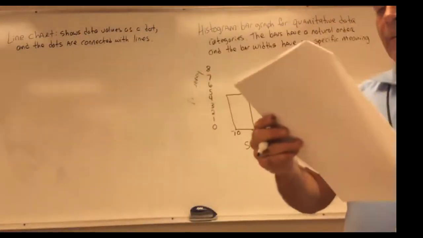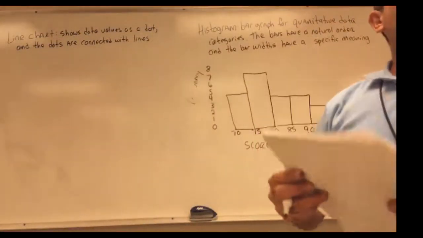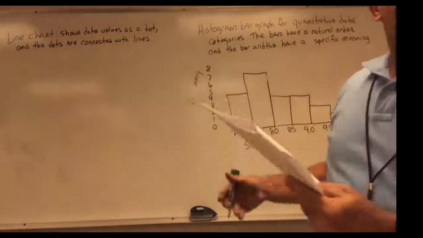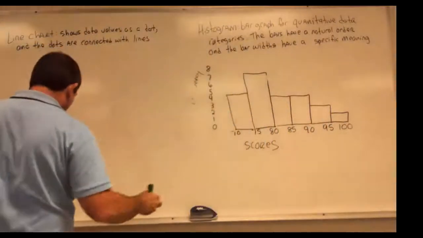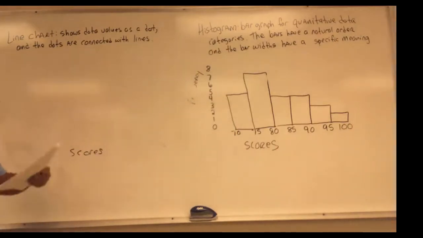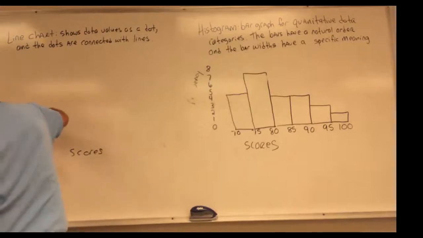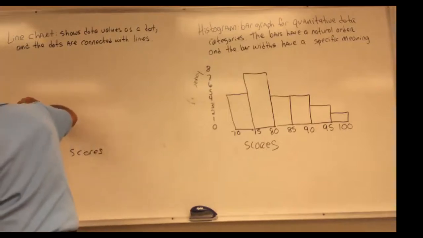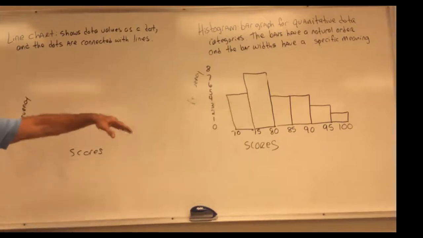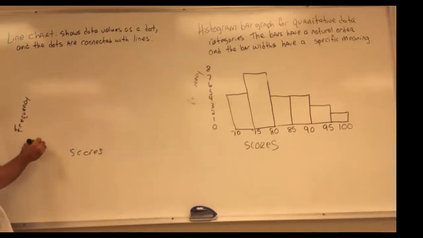Let's see. So this would be for the same data I did on this one, okay? I'm going to do my scores on the bottom again. And I'm just mainly showing y'all the differences between these types of, what was that on the side? Frequency again. And y'all use the same scale as that, from 0 to 8.